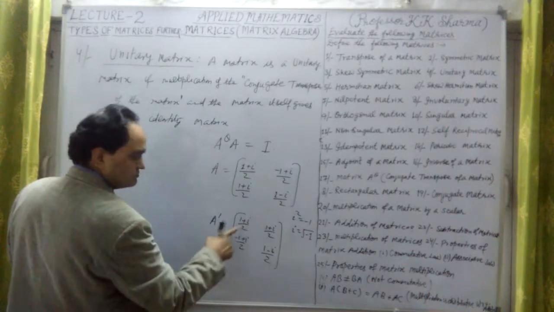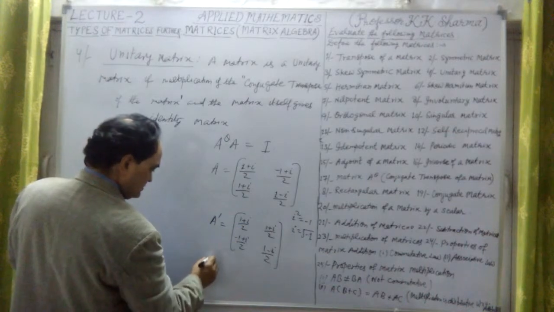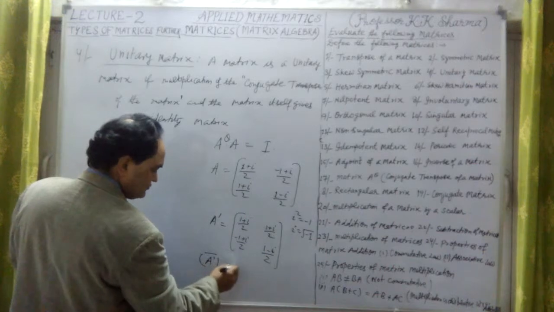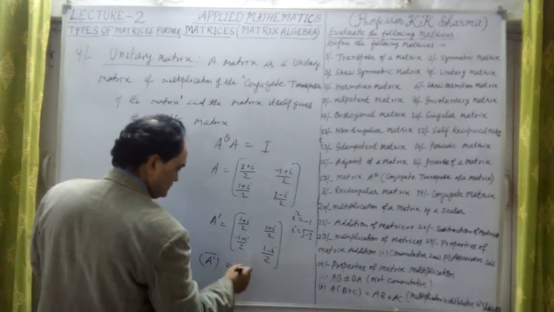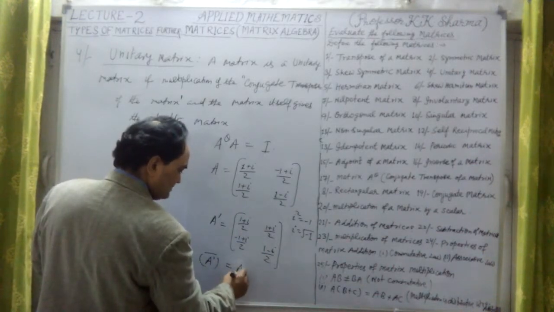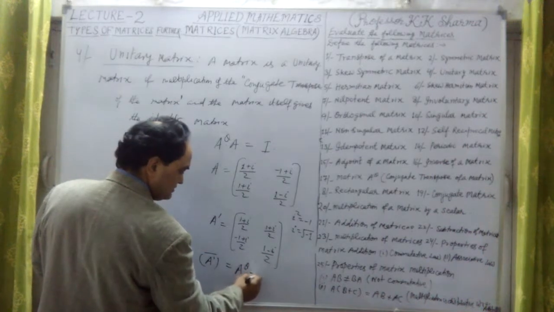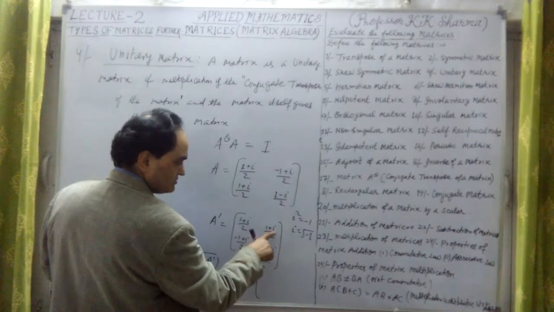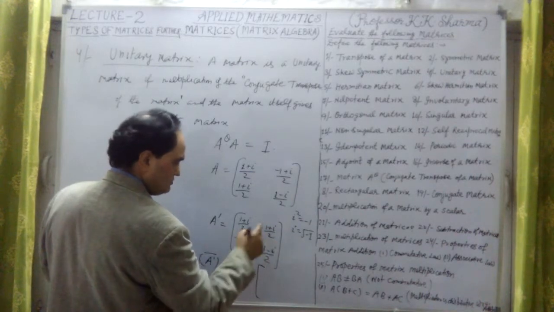Now we have to find the conjugate of this. Then A transpose whole conjugate is equal to, and it is represented by A theta here. What is that conjugate? Just changing plus iota to minus iota, and minus iota to plus iota.